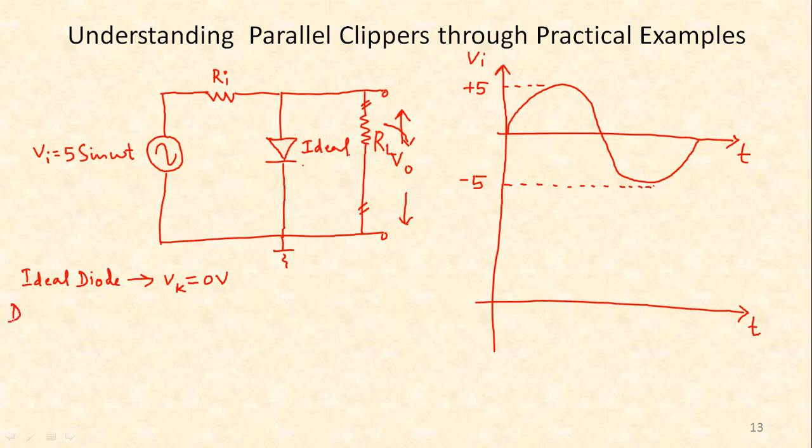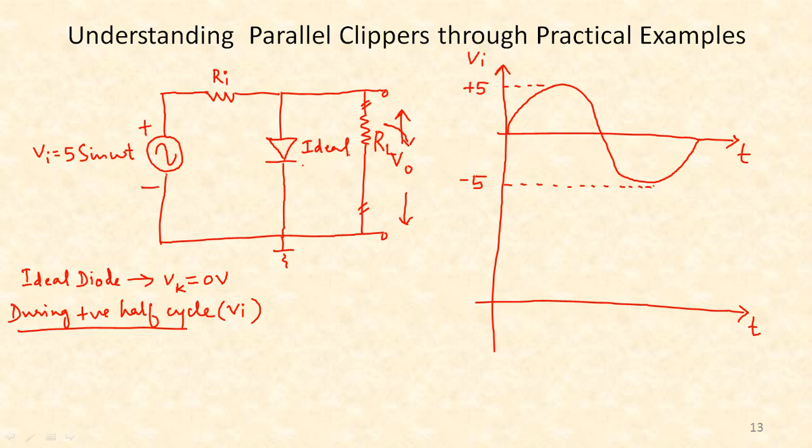Now during the positive half cycle of the input signal Vi, plus minus, what will be the status of this diode? Will it be on or off? On, sir. It's on. Okay, good.